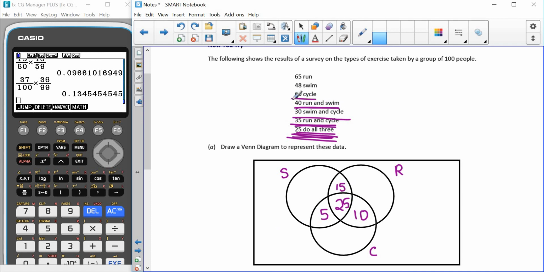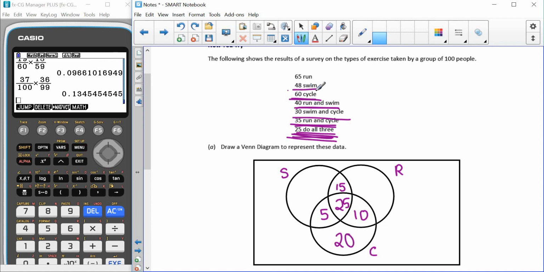Then we're looking at just cycling, well we've got 10, 5 and 25 already in our cycling circle, which adds up to 40. We had 60 in total, which leaves us 20 left over for just cycling.